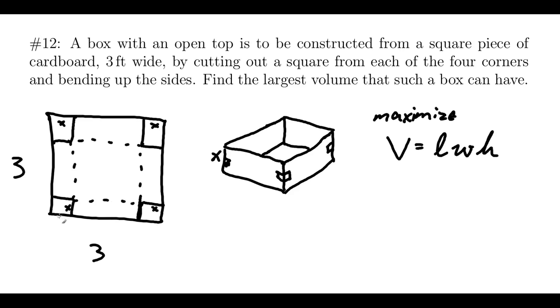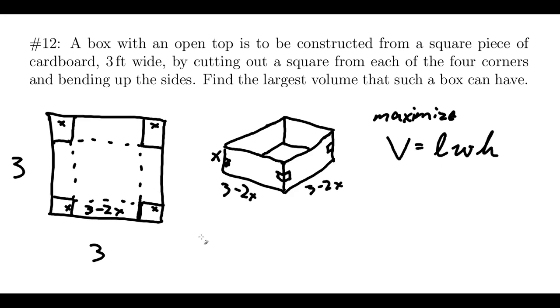How about these other dimensions? Well, we have this length of 3, and we're snipping off x from this end. We're also snipping off an x from that end. So the remaining length is 3 minus 2x, and that's the case on the other side as well. So we have 3 minus 2x, 3 minus 2x.